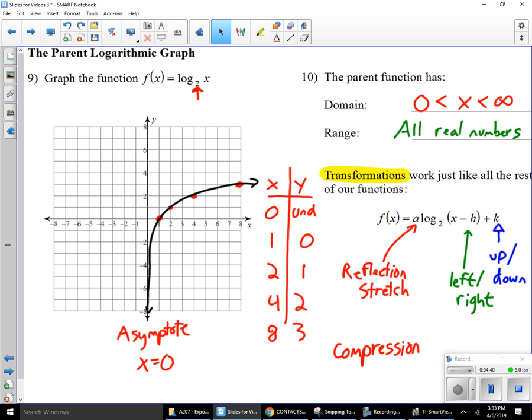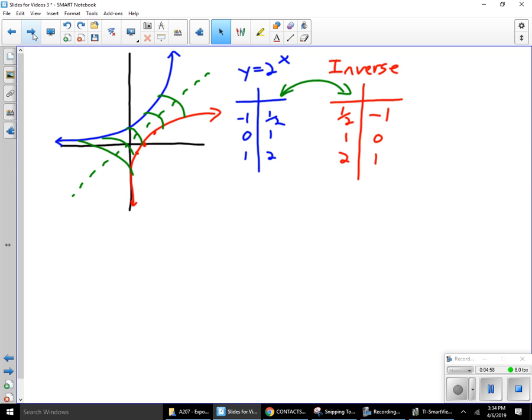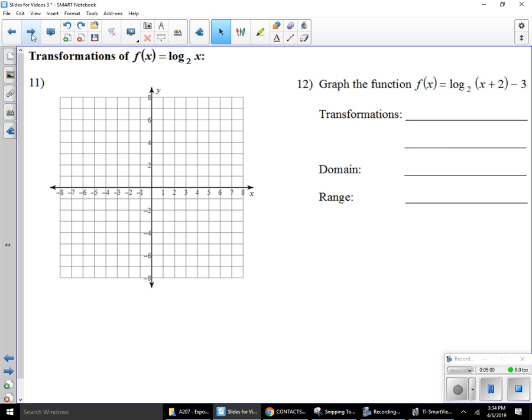And a will be reflection, stretch, and compression. Don't you wish you had a smart board? They're glorious. So again, we get all the same transformations we know and love from every other function we've tried to graph. Good times. Let's take a look at one basic transformation, and then we can take a break.